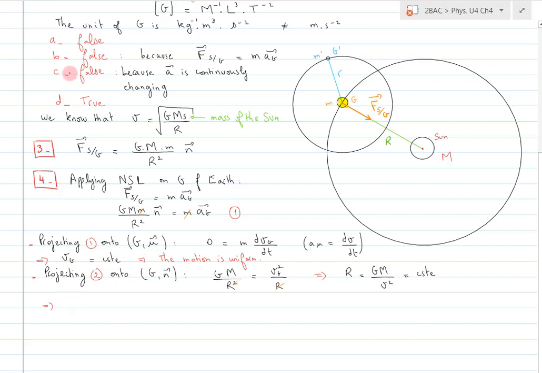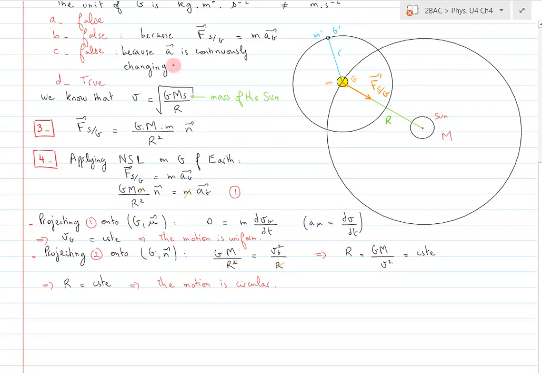So if r is constant, this means that the motion is circular. We deduce from this that the motion is uniform and circular, or we have a uniform circular motion.